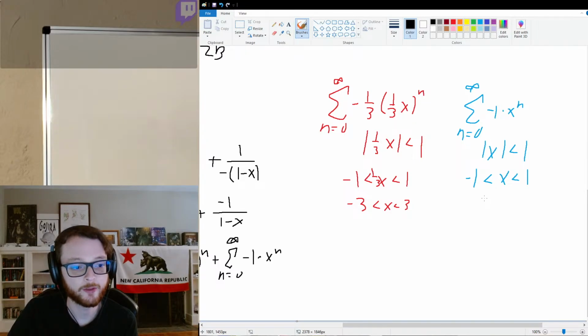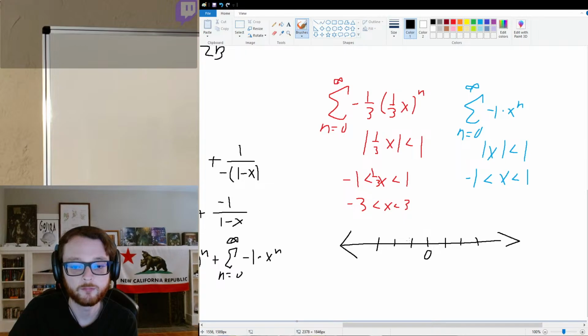We can just look at this and say that the numbers between negative 1 and 1 are contained within negative 3 and 3. So we should take the smaller of these. And we can draw it on the number line, which might make it a bit more clear. If this is 0, 1, 2, 3, 1, 2, 3, hopefully this makes it clear.